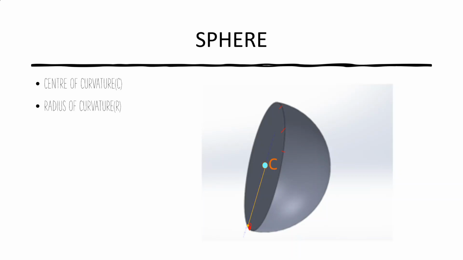I cannot draw inside, so I'm showing you the distance from here to here. This dotted line represents that it is inside. That is also the radius.